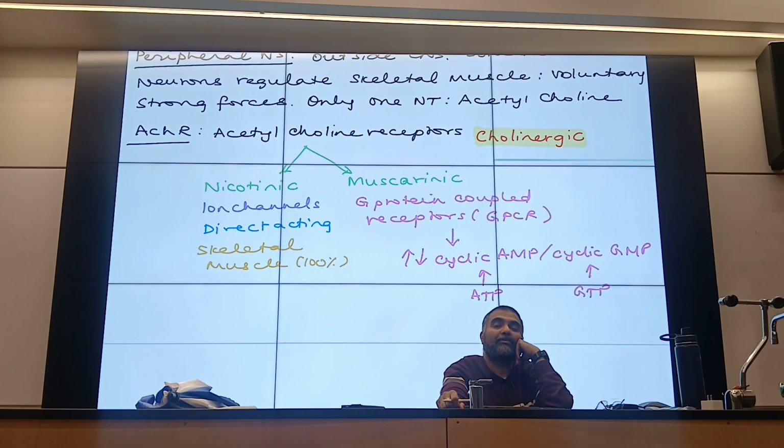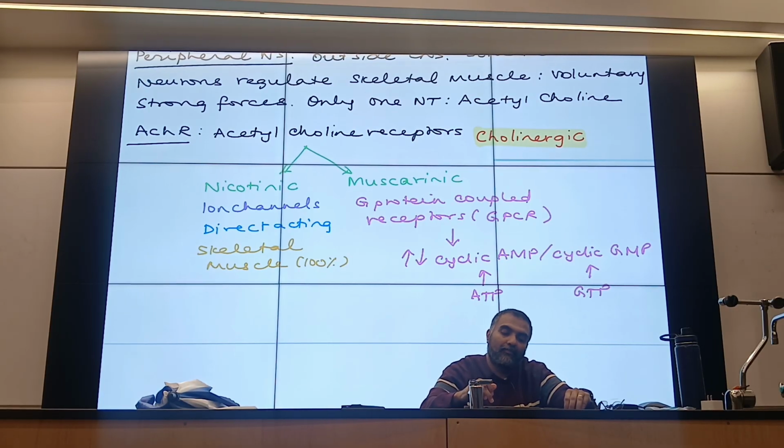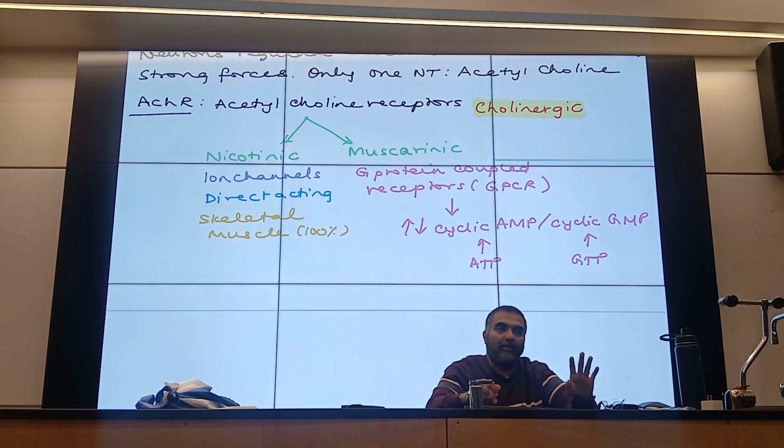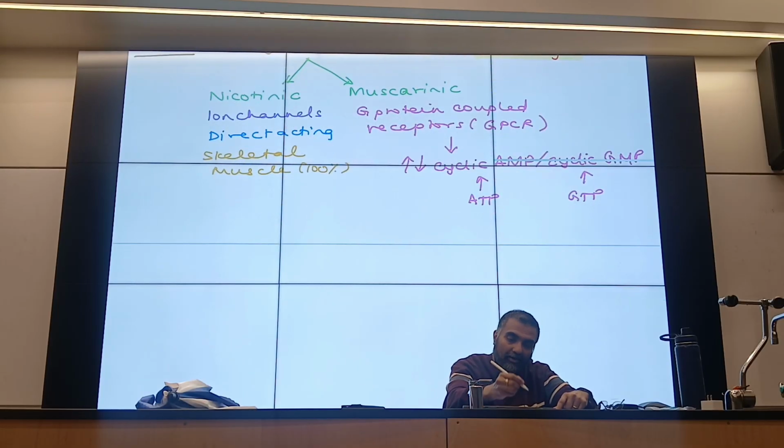Muscarinic is really, really important in the autonomic nervous system. Its main effects are in the autonomic nervous system. Are we clear? Okay, so again, this is just acetylcholine. Any questions on this? Okay, we move on to the autonomic nervous system.